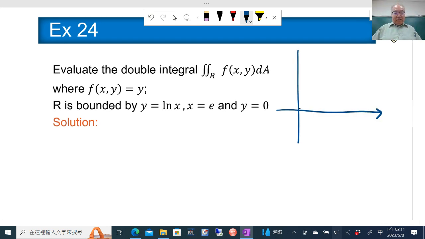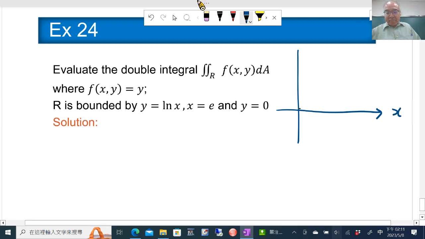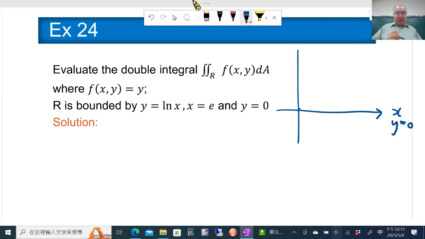And we do have y equal to 0, and we also have x equal to e, and we have y equal to ln x.